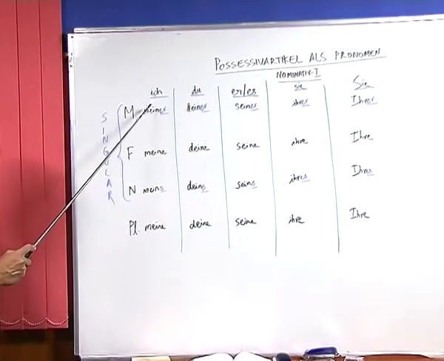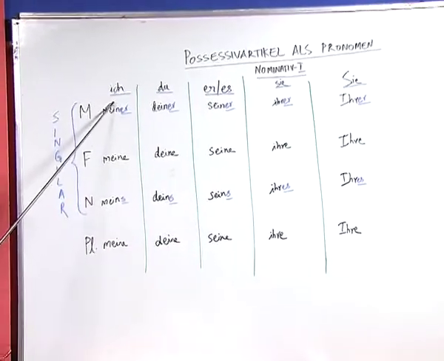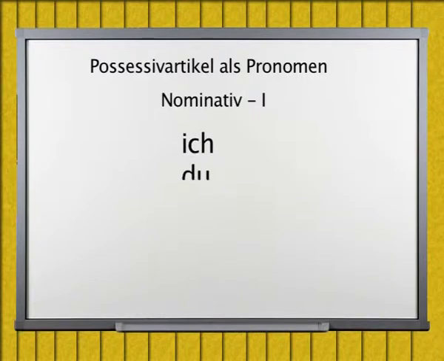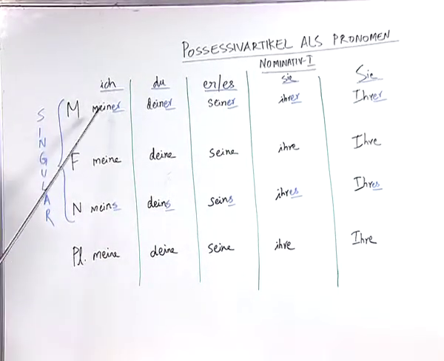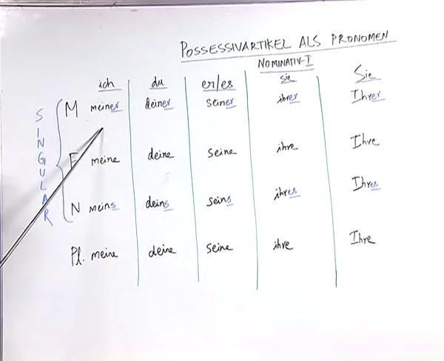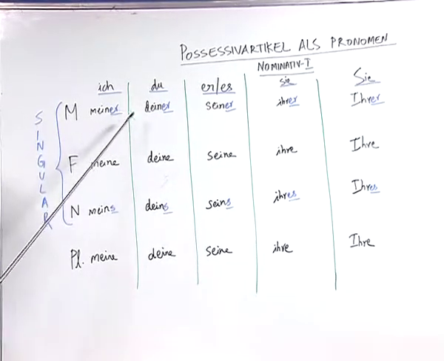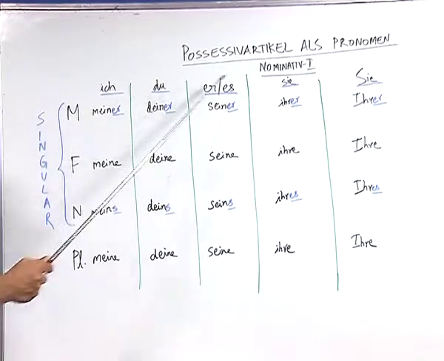Now, you are already familiar with the pronouns ich, du, er, es, sie and sie, and you know that they are the pronouns in singular, and you are also familiar with the possessive article table which we made for these pronouns.